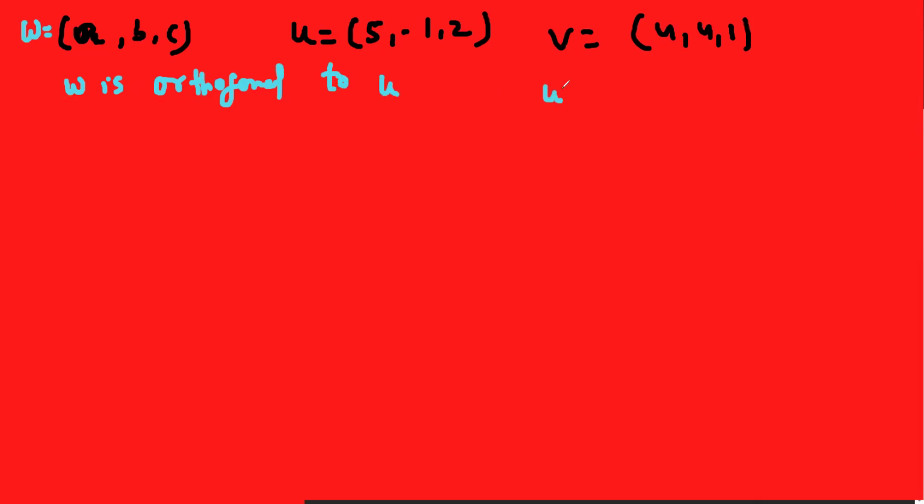It means W dot U is 0 for perpendicular.